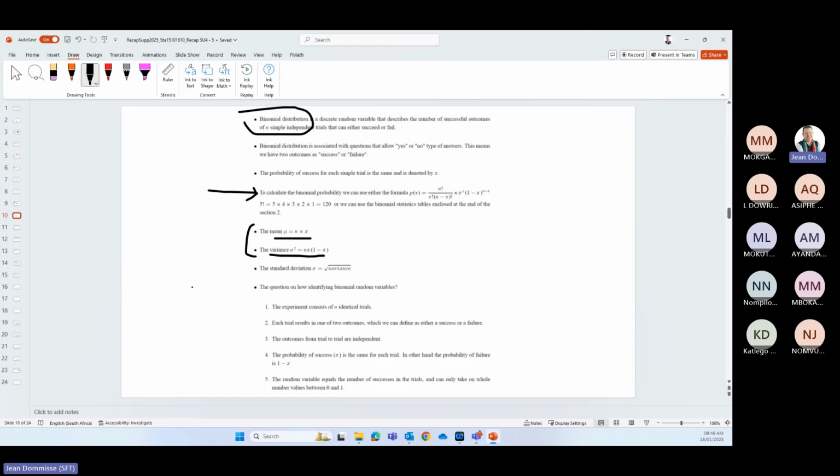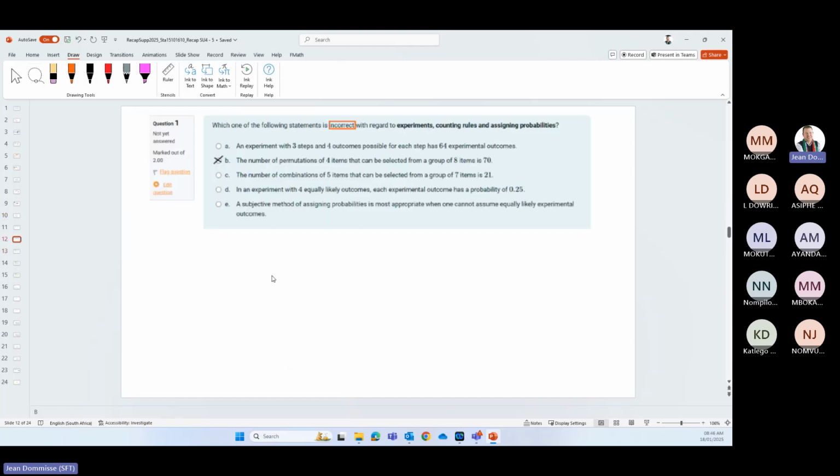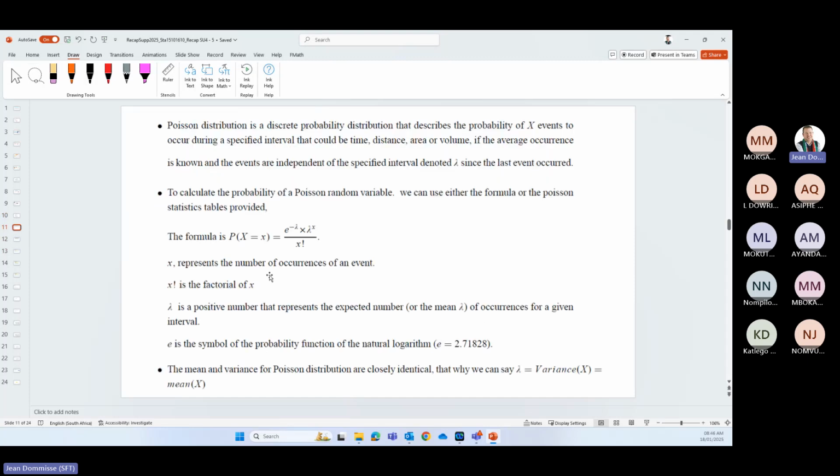Then the last one of these is the Poisson distribution. The big difference between binomial and Poisson is that with Poisson there is this extra thing that they bring in: time, distance, area, volume.